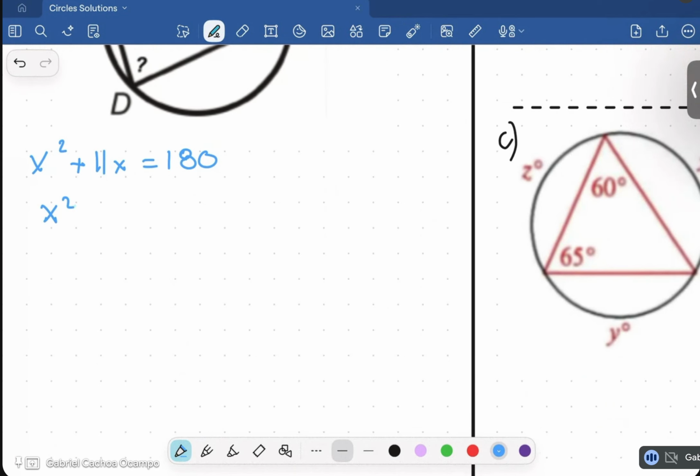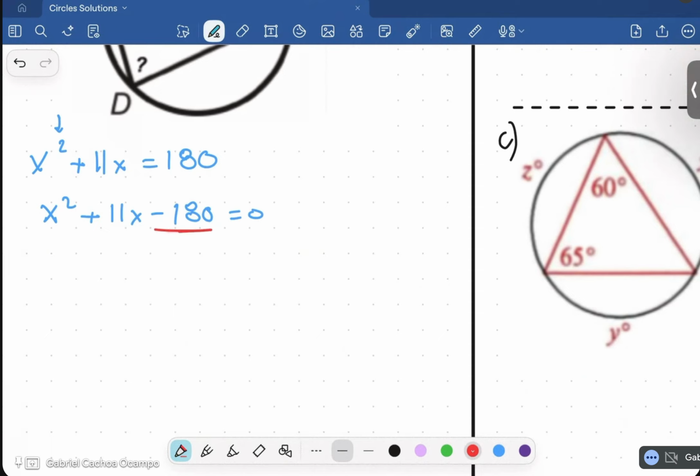So it is a quadratic. I need to set it up to 0, no? It is a quadratic. That means that I have this little 2. O sea, I cannot solve for x by doing like the usual things. I need to do a quadratic way, no? O sea, I can either factor, I can use the quadratic formula. I'm gonna factor because I feel that factoring in this case is gonna be easy.